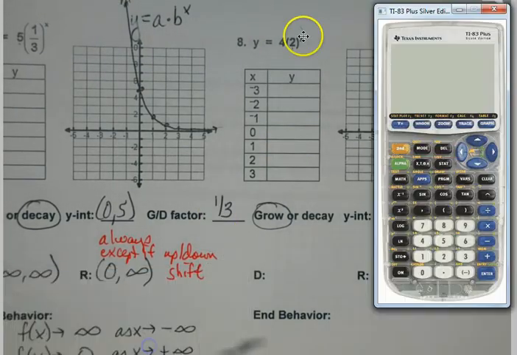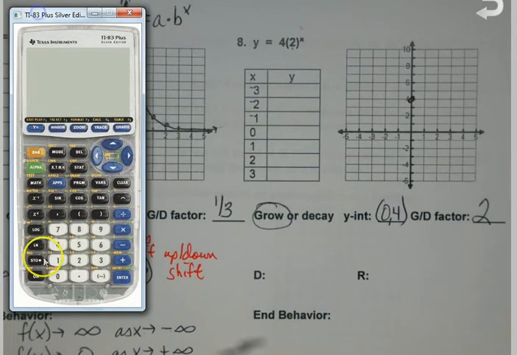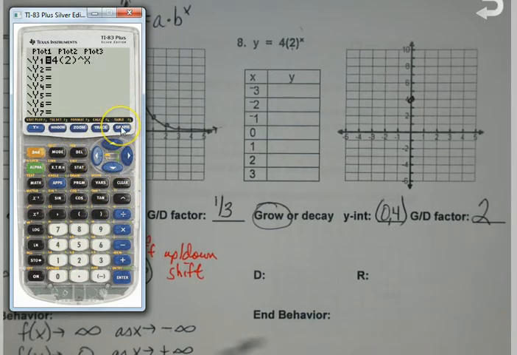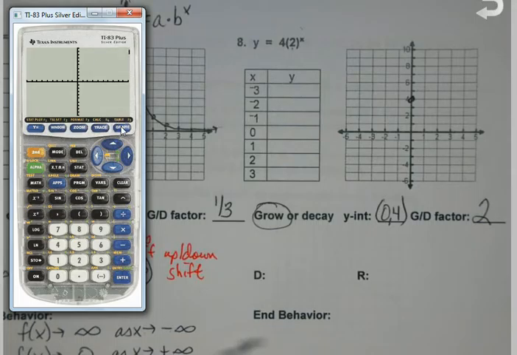And again, if I want, I can take a peek at my calculator to help me out. Again, don't forget my exponent button. I'll look at my graph for a minute just to make sure this looks right. Yep, growth, we're going up to the right. Okay, feeling good there.